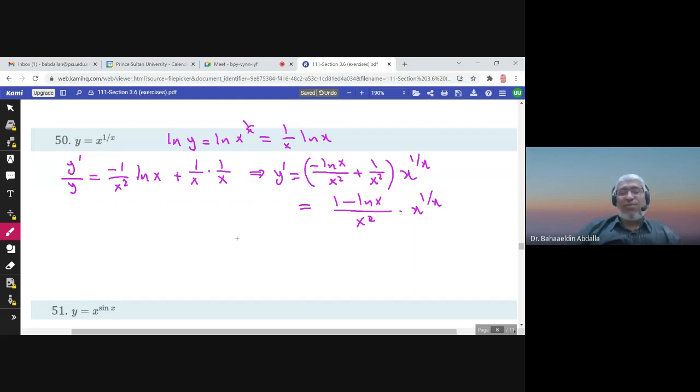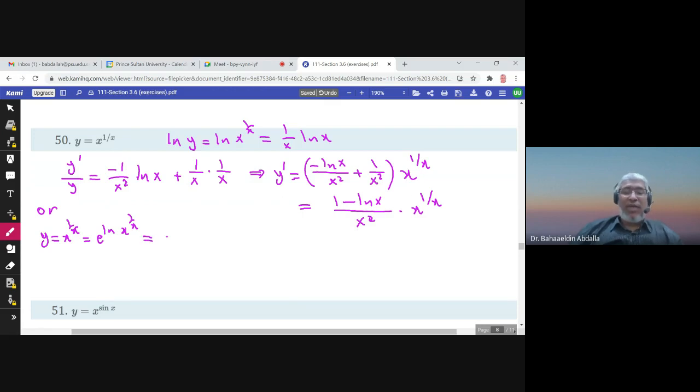The other way, you can write x to the power 1 over x as e to the power ln of x to the power 1 over x, because e cancels ln and you go back to x to the power 1 over x.